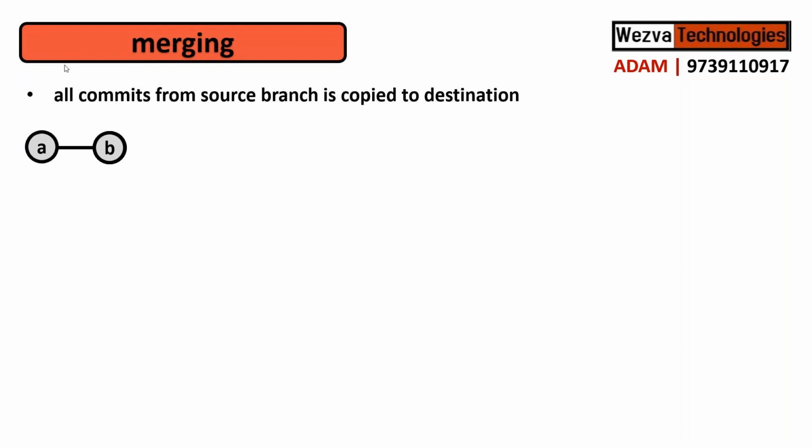So like what we just now saw, let's assume you have your main branch, and from there we created a release branch. However, once you create a new branch, all the commits that you do in the release branch will be stored only on the release branch. Now, the same way, when you do some commits on the main branch, the commits will be available respectively only on the main branch.